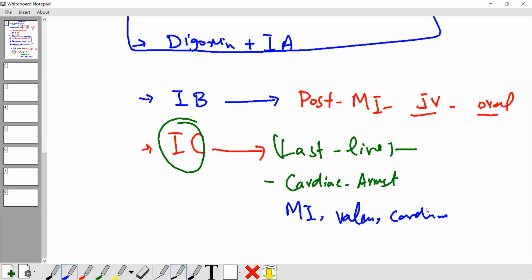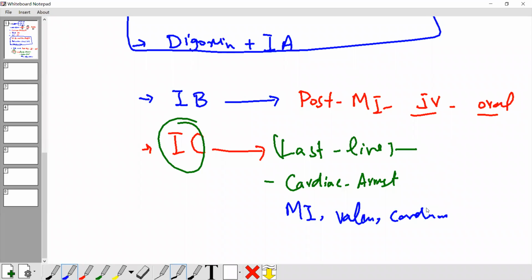If the conduction system is already weakened, you can't use 1C. Go for 1B, 1A, or classes 2, 3, 4. 1C is contraindicated in structural heart problems.